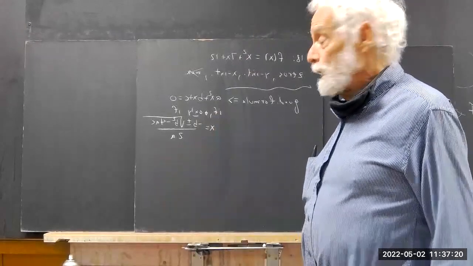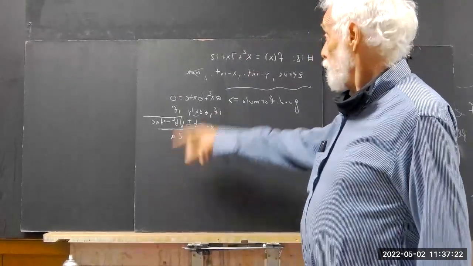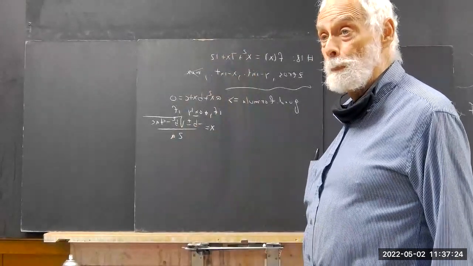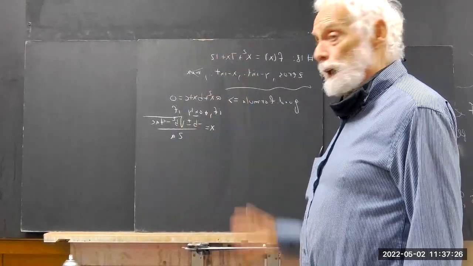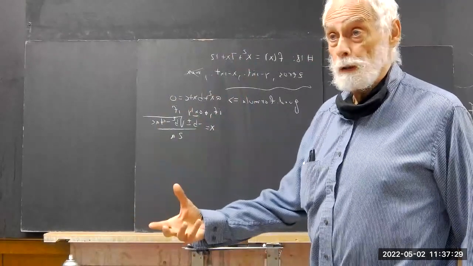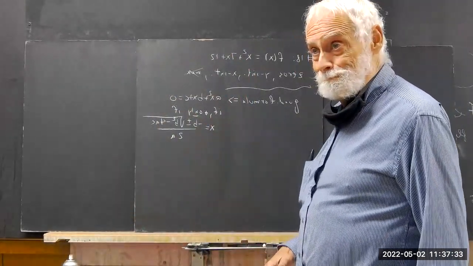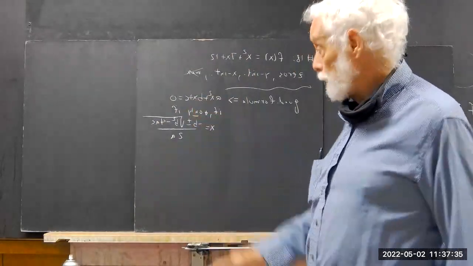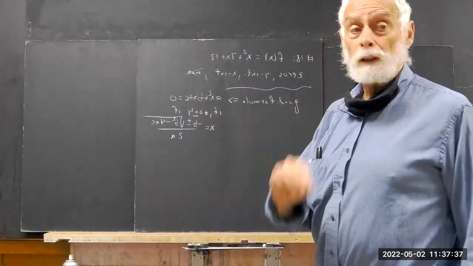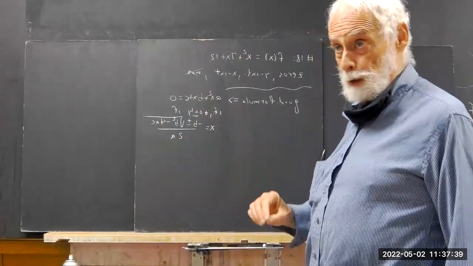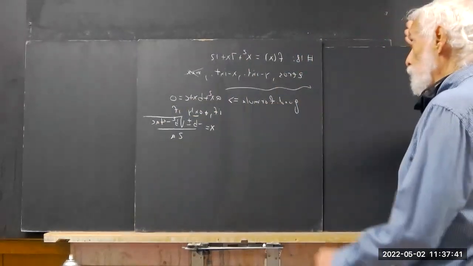Now this says if x is one of these values, then that function is going to be 0. And it isn't 0 anywhere else. It's 0 only for these values, and only for these values. That's what if and only if means. That's worth thinking about. It's worth understanding that formula.